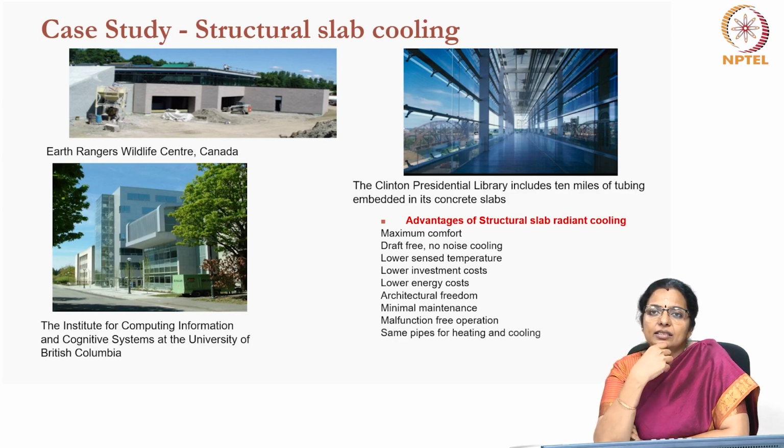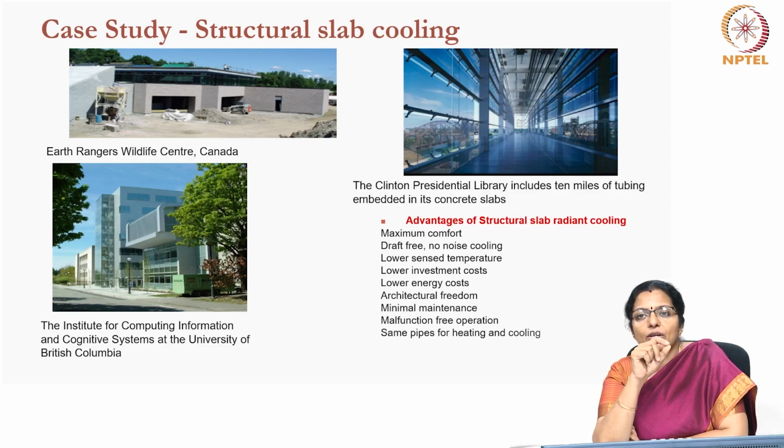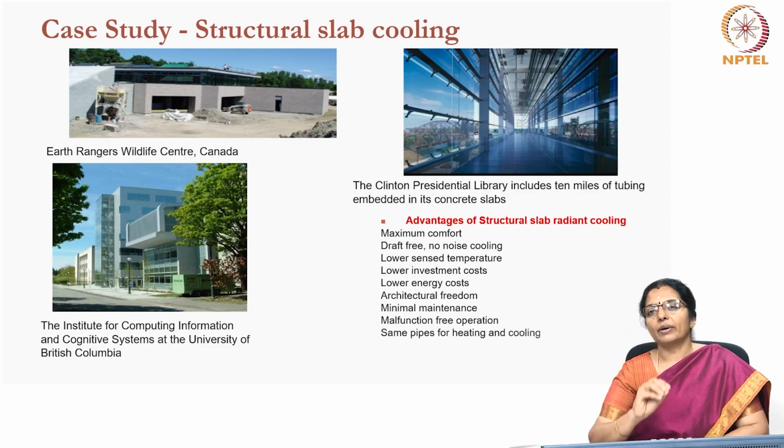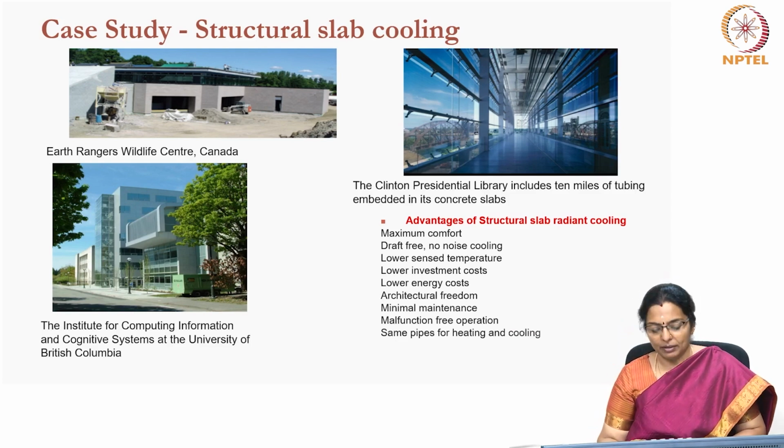Minimal maintenance is required, malfunction free operation, and the same pipe can be used for heating as well as cooling. During colder parts of the year, warm water is pumped through the pipes, and the exact same conceptual process is followed by pumping in the hot water through the pipes.